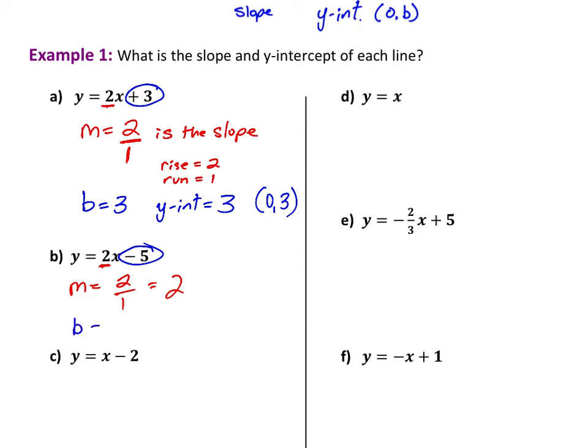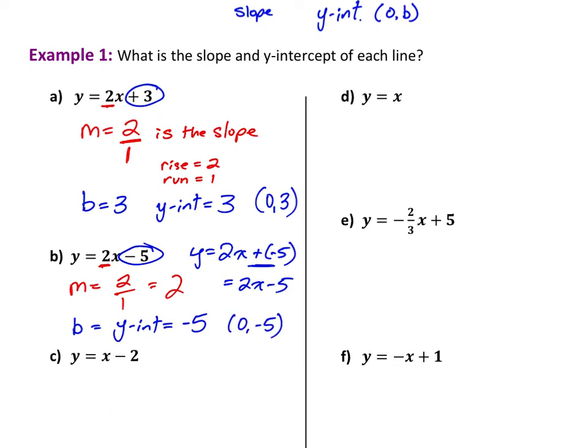So the b value, or the y-intercept, would be equal to negative 5, because you'd be adding negative 5 into the equation. y equals 2x plus that negative 5. But when you're adding a negative, that just becomes subtraction. So 2x minus 5 means the same thing. So that point (0, -5) is a point on your graph.